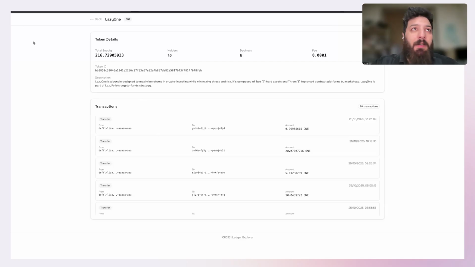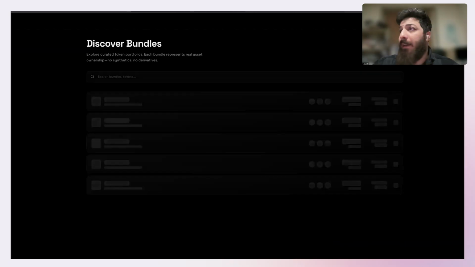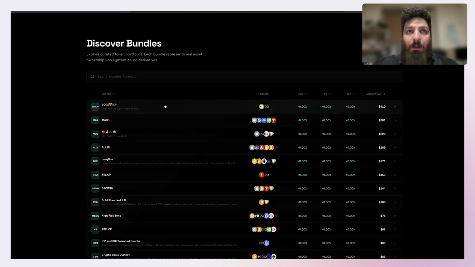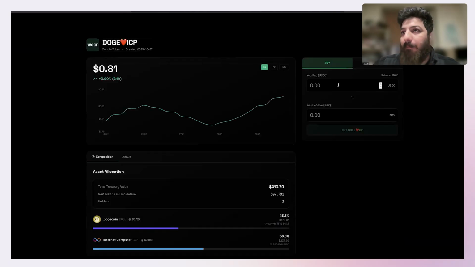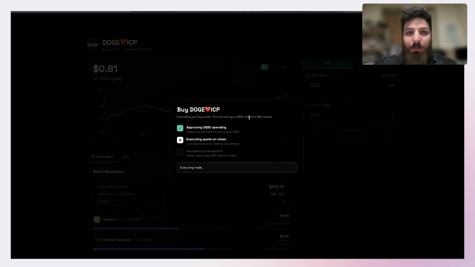And what you see here is powering basically xFusion at the moment, where you can go ahead and see some of the bundles that were created. You can go ahead, let's say Doge and ICP mix, endogenous ICP mix, and go ahead and let's say buy those tokens, $2 worth of it.